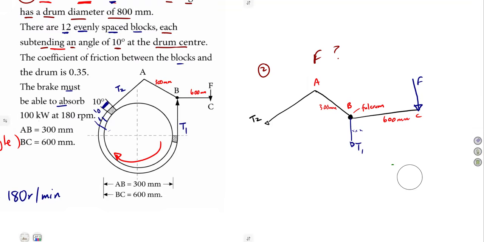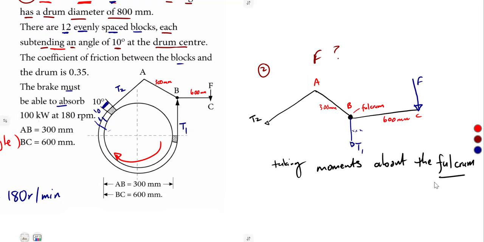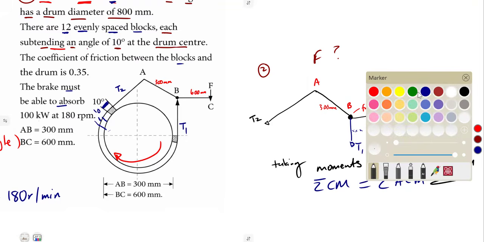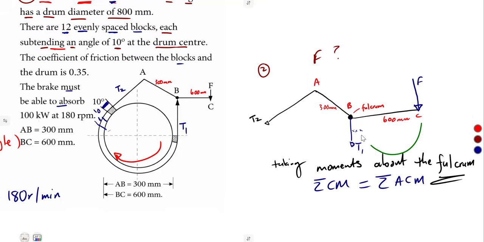So taking moments, like I said before, you take your moments about the fulcrum. We are going to consider the clockwise and the anti-clockwise moments, where the clockwise is going to be F, going to the fixed point in a clockwise direction. So F is going in the clockwise.